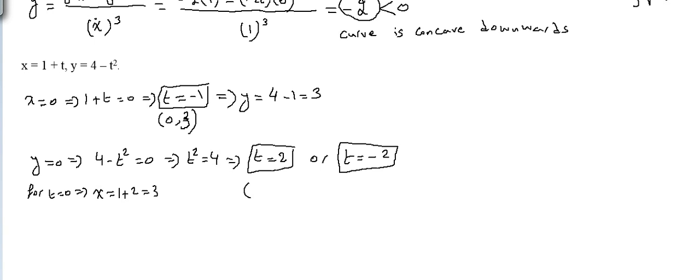So we have a point with abscissa 3 and ordinate 0. This is an x-intercept. For t equals minus 2, x is 1 minus 2, equal to minus 1. Another x-intercept is abscissa minus 1, ordinate 0.